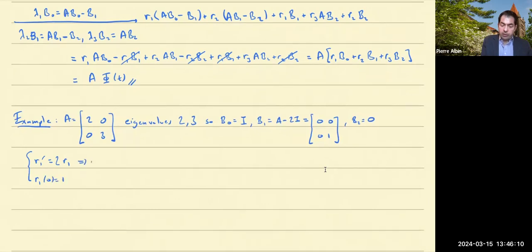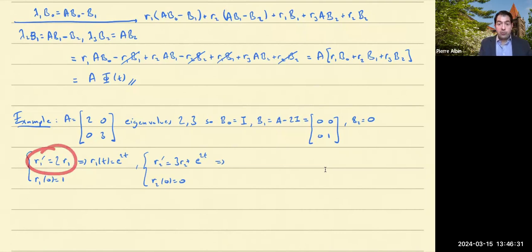So that's really quick to solve. That's e to the 2t. Whereas R2 satisfies R2 prime is equal to 3 R2 plus e to the 2t, and R2 of 0 equal to 0, right? R1 was very quick to solve because it's a homogeneous first order equation. This one is non-homogeneous, right? The associated homogeneous equation would just be these terms.